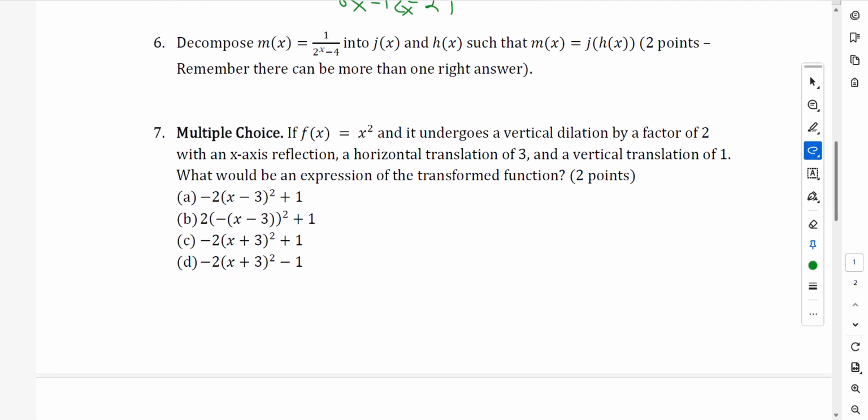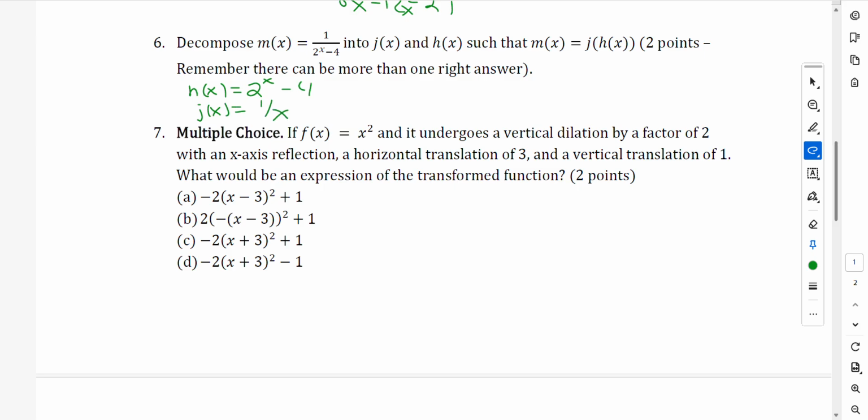I did have a couple of people confuse this 2 raised to x minus 4 as something linear. If you wrote a linear function, I didn't take any points away. But that is exponential. So the 2 ways you could have done this is h of x could have been 2 raised to the x minus 4, and j of x is 1 over x.